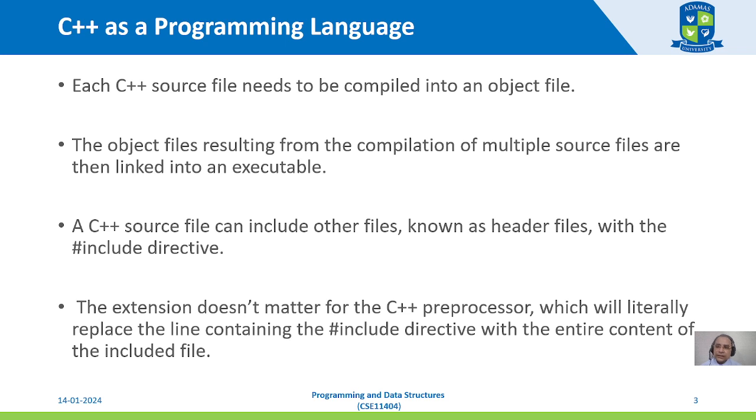And in C, we have structure, and in C++ we have the class concept. Because the class concept is present in C++, we have the base class concept, we have the child class concept, we have the inheritance concept.